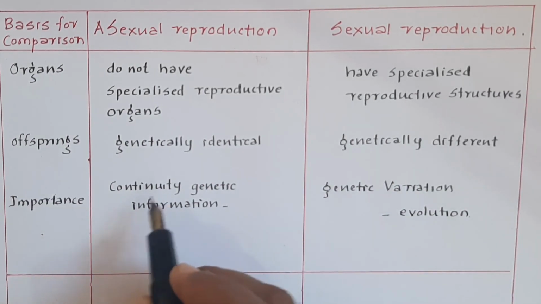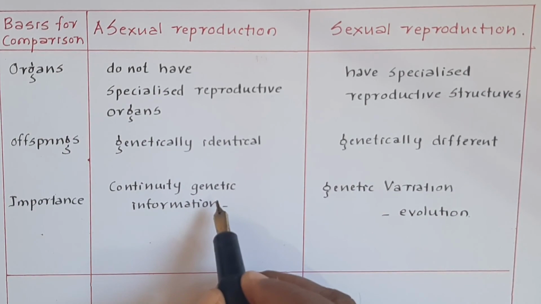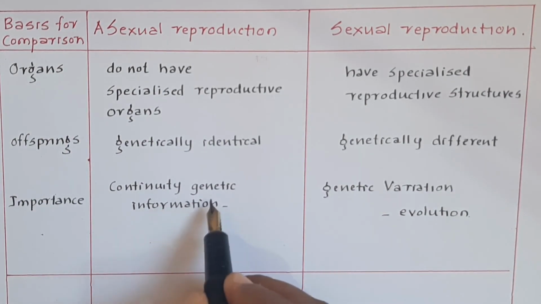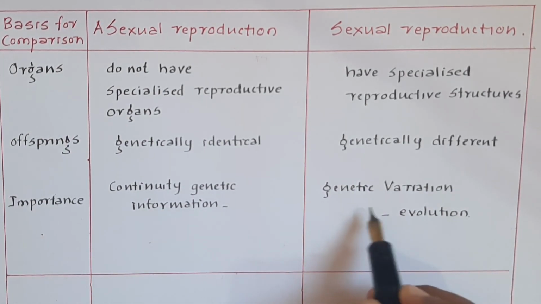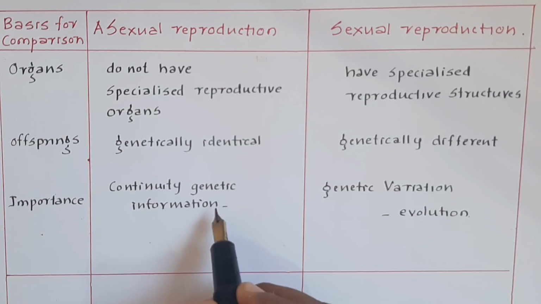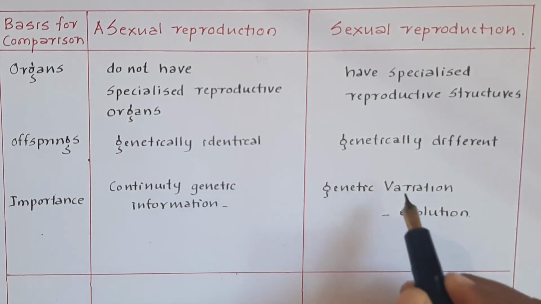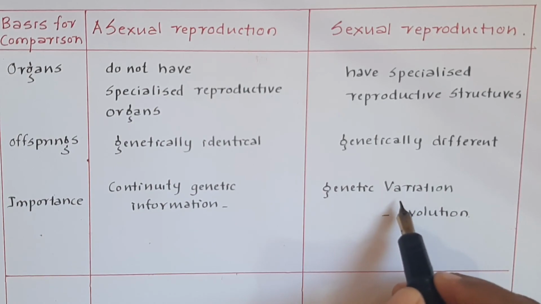I repeat it once again, the importance of both of these phenomena is measured in terms of continuity of genetic information and genetic variation. Asexual reproduction is important as it allows the continuity of genetic information through different generations, and sexual reproduction is important as it brings genetic variation which allows the evolution to proceed.